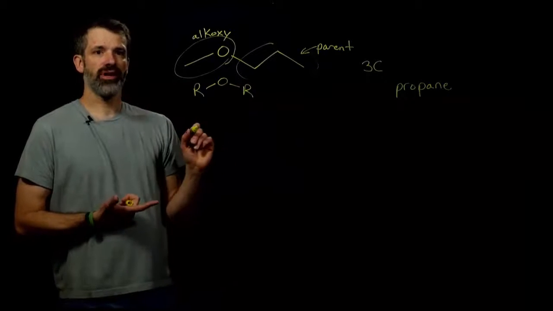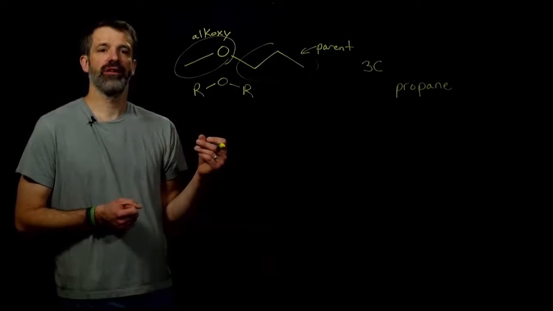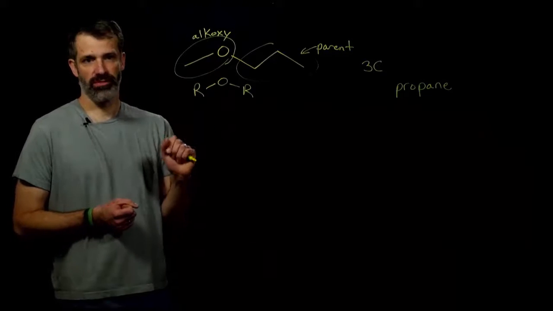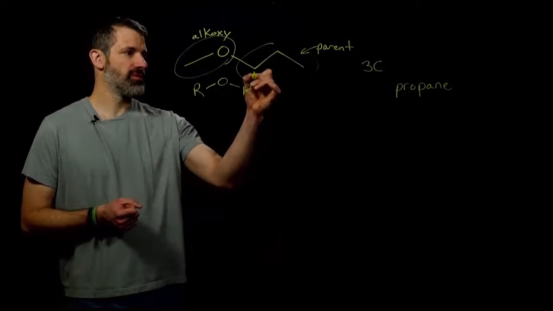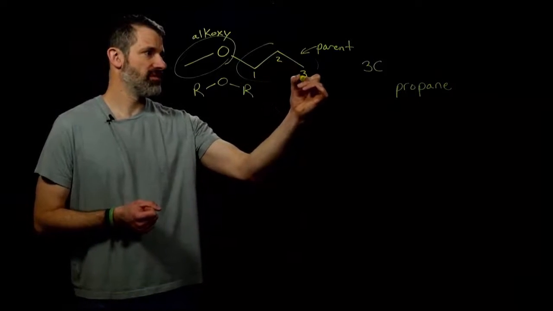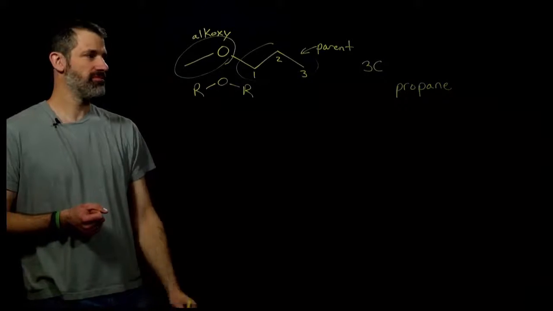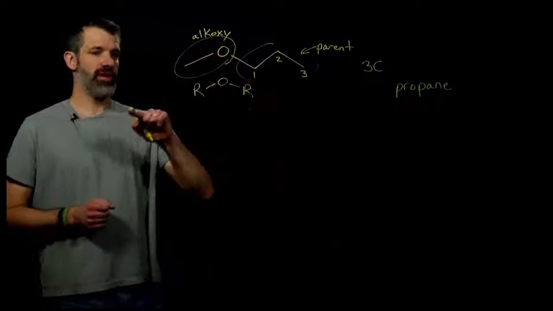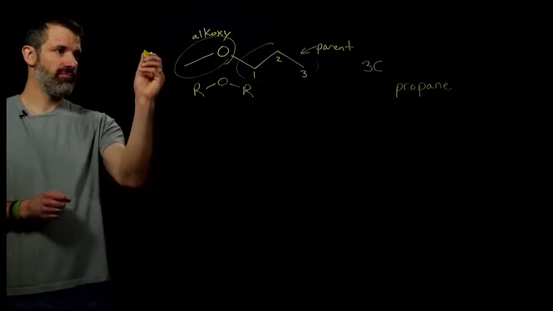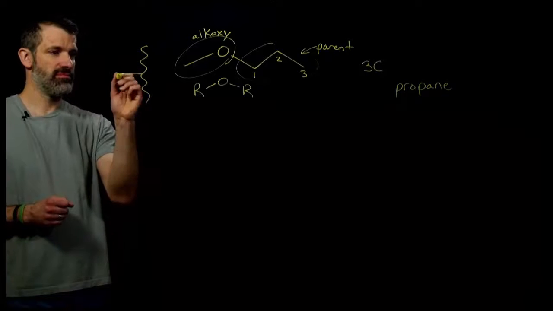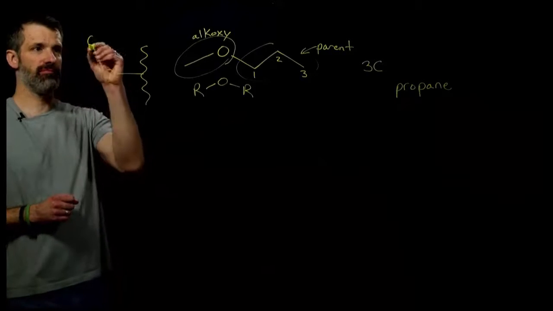Now, in numbering this propane chain, we want to number to give the alkoxy group the lowest possible carbon number. So we're going to give it carbon 1 on this arrangement. Now the group coming off of this parent chain you can think of as being oxygen going out to a methyl group.